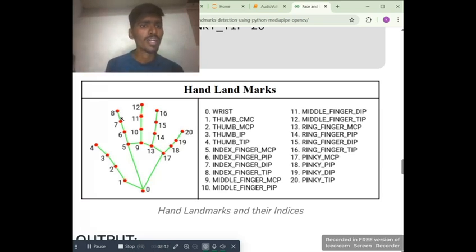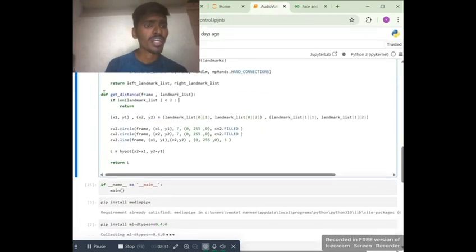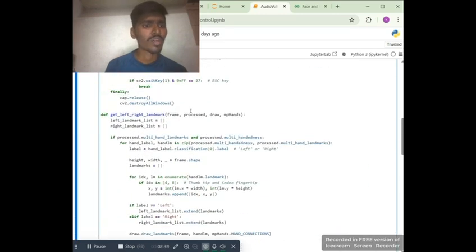And for the volume, if the distance is less, then the volume is going to be minimum. If the distance is more, the volume is going to be maximum. So in this way, by using this function, we can calculate the distance, and by using that distance, we can easily adjust the volume and brightness of the system.